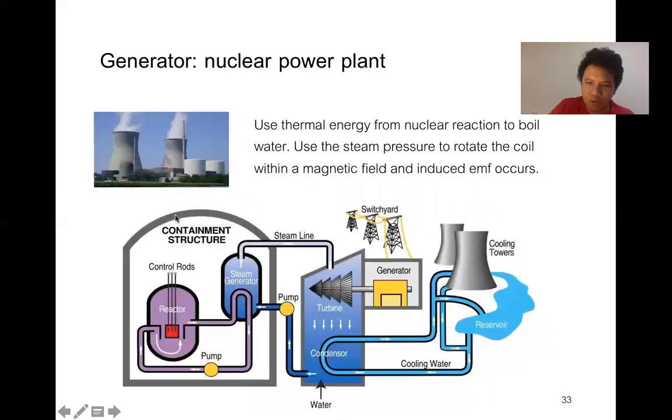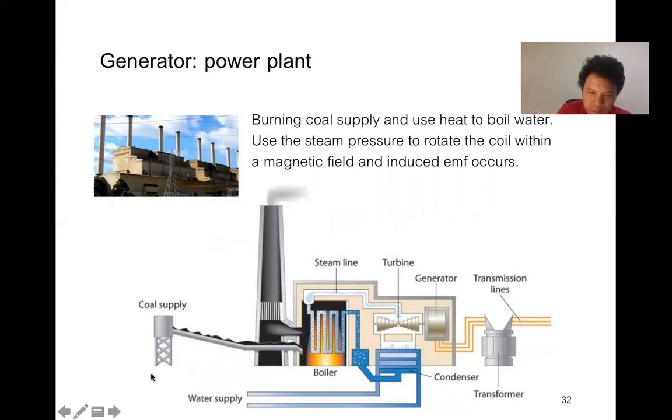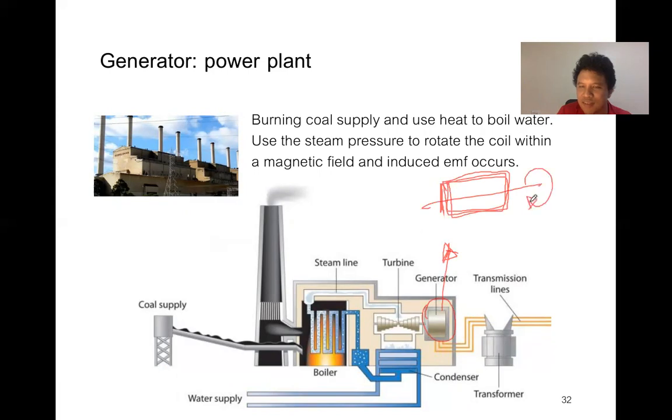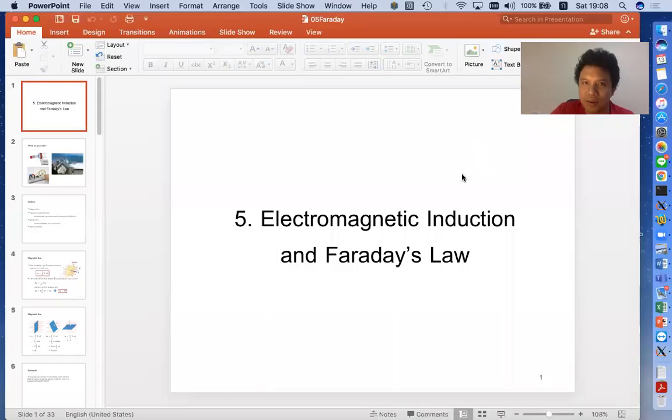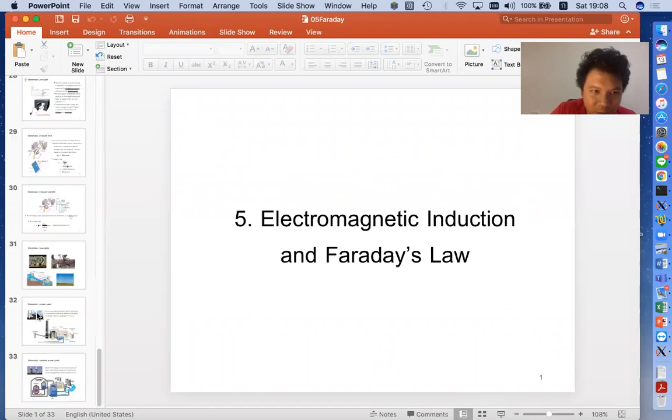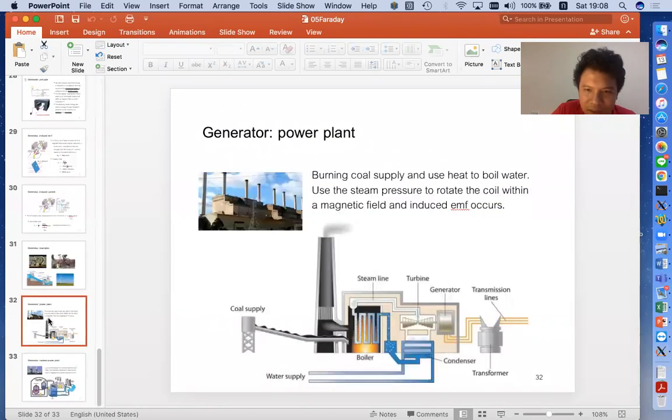If you consider the generator like this part and zoom into it, it will certainly consist of a coil that is able to rotate, and then surely you should have a magnet that can generate a magnetic field.